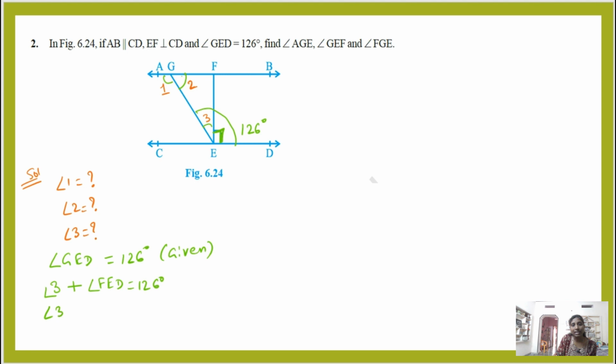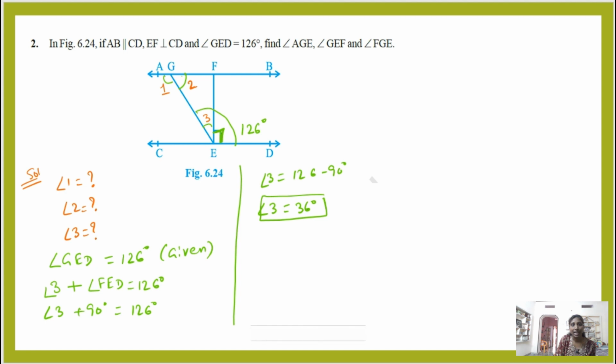So angle 3 plus 90 degrees is equal to 126 degrees. Now angle 3 is equal to 126 minus 90 degrees. So angle 3 will be 36 degrees. Okay, now we got angle 3: 36 degrees.